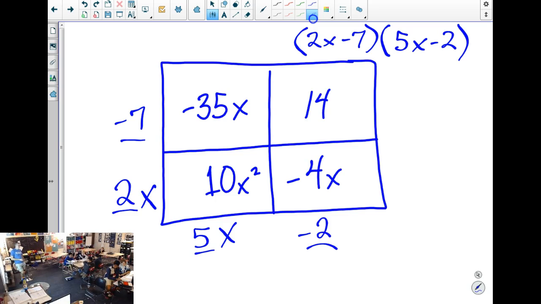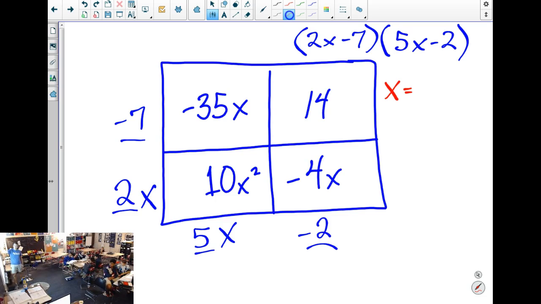Then, because I like to keep sprinkling in where we're going, if we were asked for the zeros, or where this passes the x-axis, we figure out in each parenthesis what would make it 0, and the trick for that is the opposite, and we make a fraction, right? Because I want this to become a +7, because 7 minus 7 makes 0.